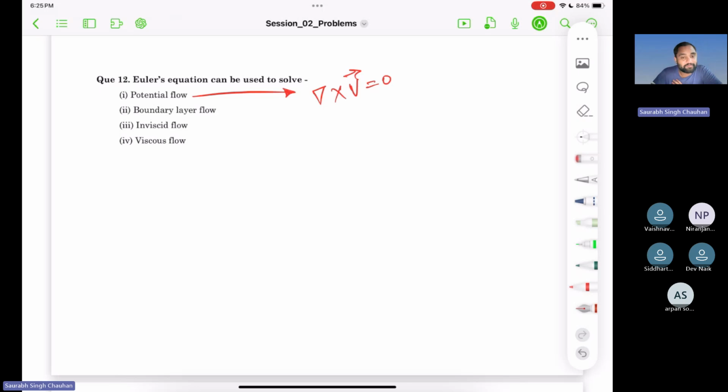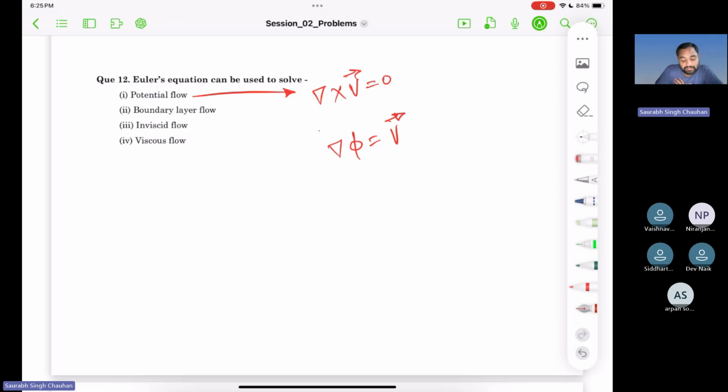So for irrotational flows, you can define a function called potential, such that the gradient of that potential gives you the velocity field. This potential is basically a scalar, and when you take its gradient, you get the velocity field.